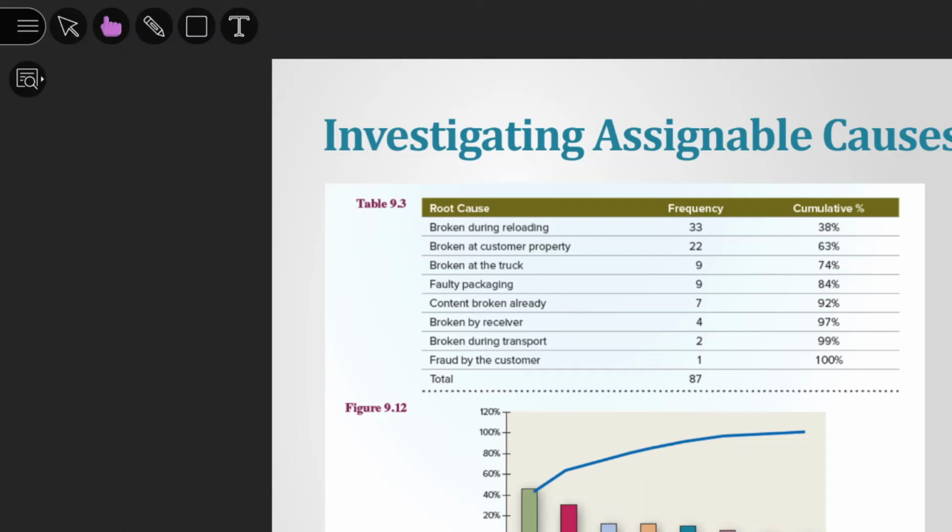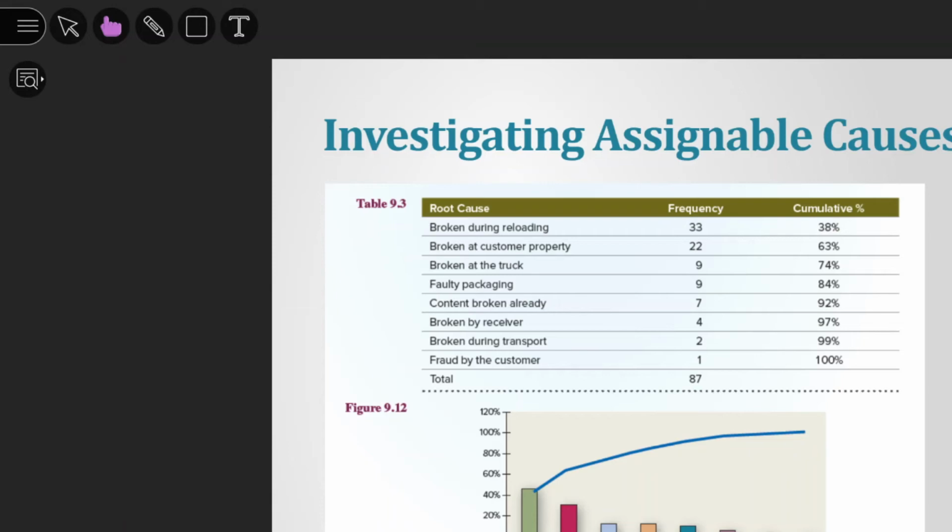So traditionally, people who didn't know the Pareto method would start investigating the fraud issue, trying to blame everything on the customer. Now, in our case with the Pareto diagram, we have a better situation because we can count the frequency of occurrences.